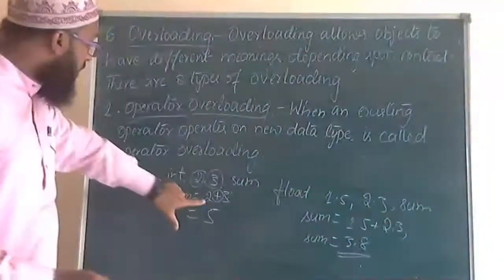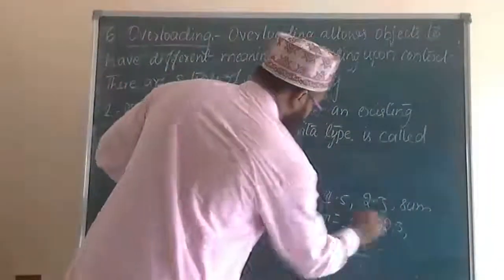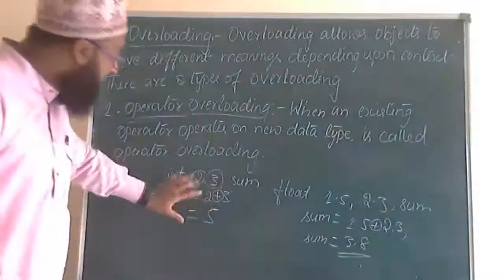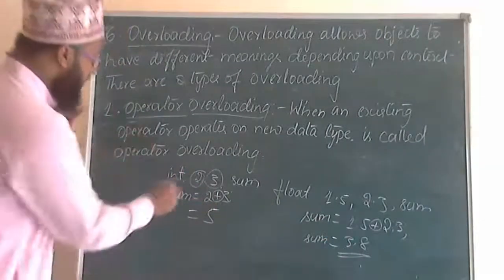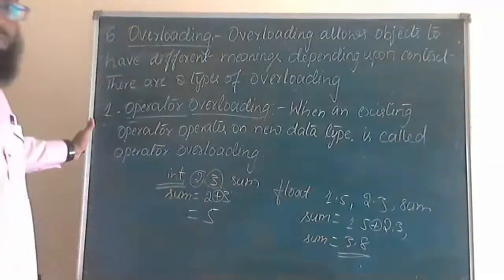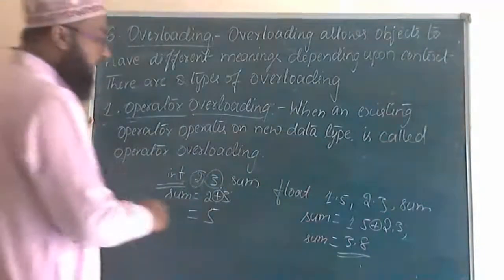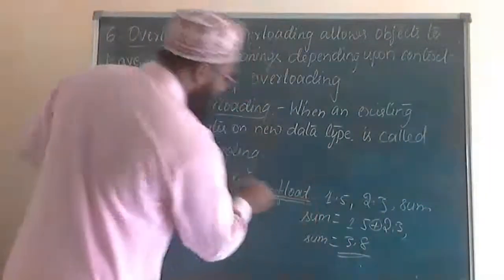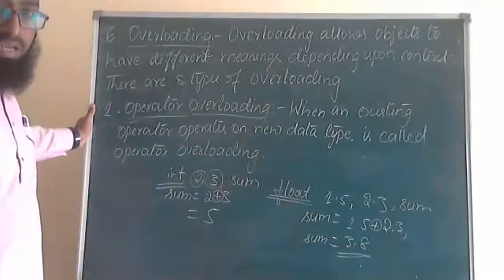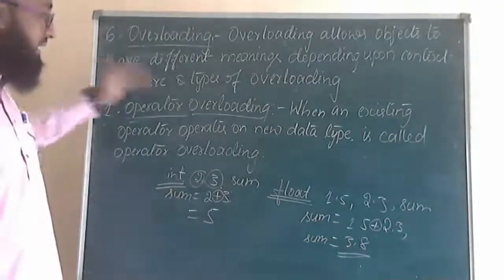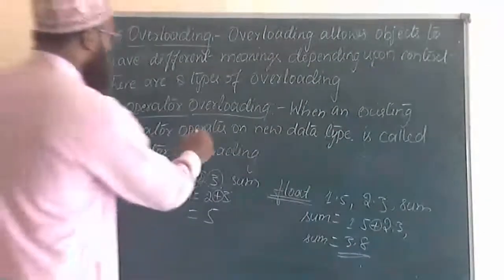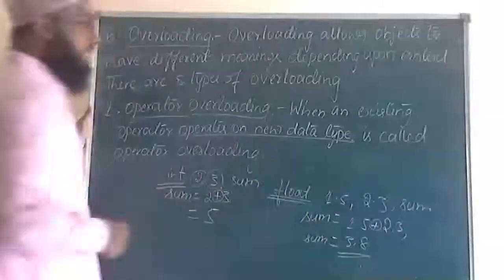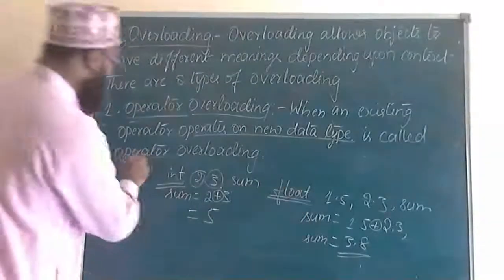It means here the operator plus, and here also the operator plus. Firstly, the operator plus is working with integer data type. At the same time, this operator is asked to work with a float data type. An existing operator has to operate on a new data type, that is called operator overloading.